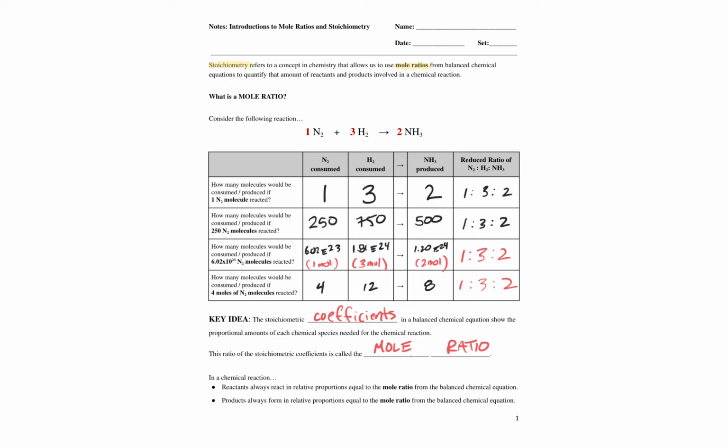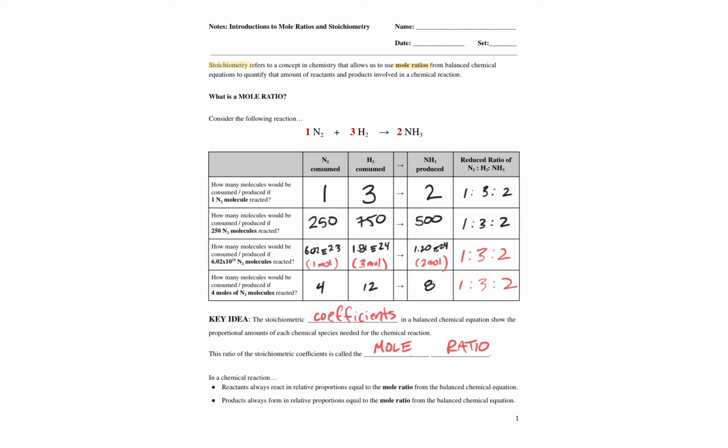So we will always have a 1 to 3 ratio of nitrogen to hydrogen, regardless of the amount of material actually reacting. And the products will always form in the ratio dictated by the chemical equation as well. So we will always produce 2 NH3 for every 1 N2 and 2 NH3 for every 3 H2.